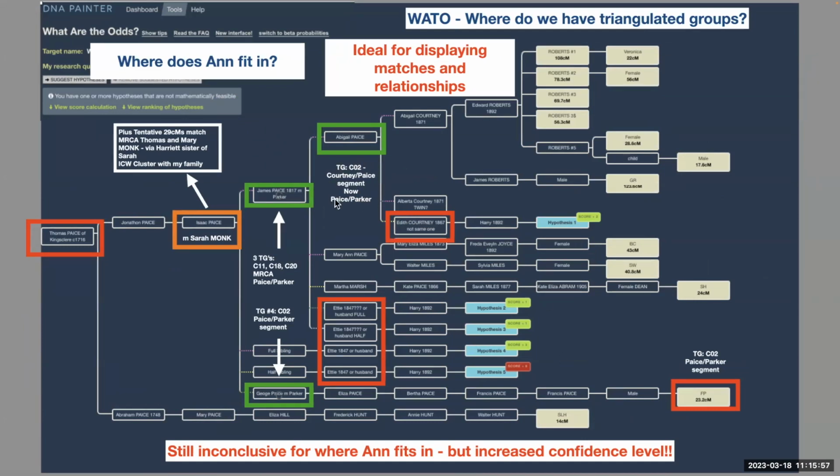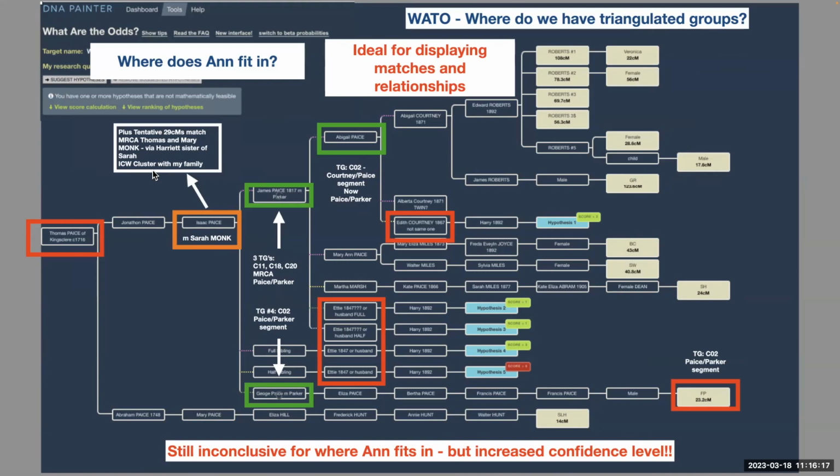So I've got in here information at chromosome 2. I've now got a Pace-Parker segments, and different matches coming out here from Sarah Monk. So I might put this away and not look at it for 12 months, and it's a good way to get back and remember where I'm up to.